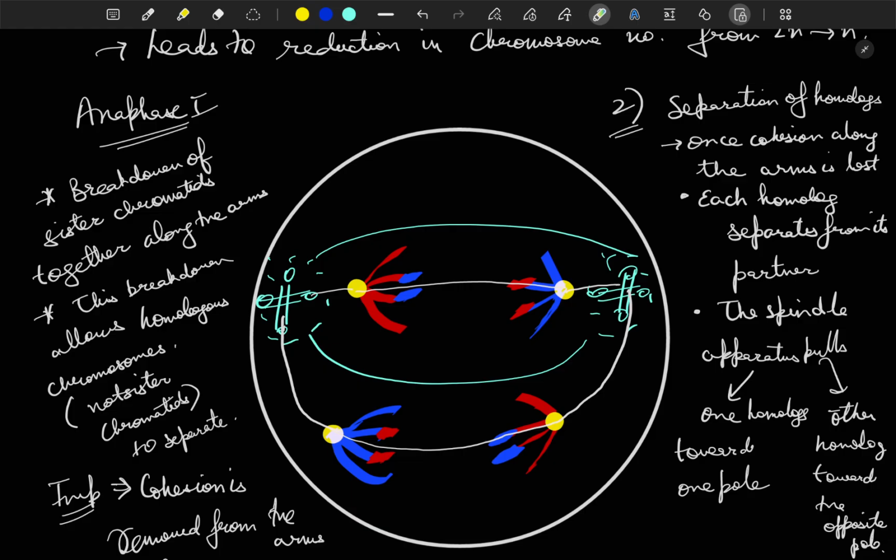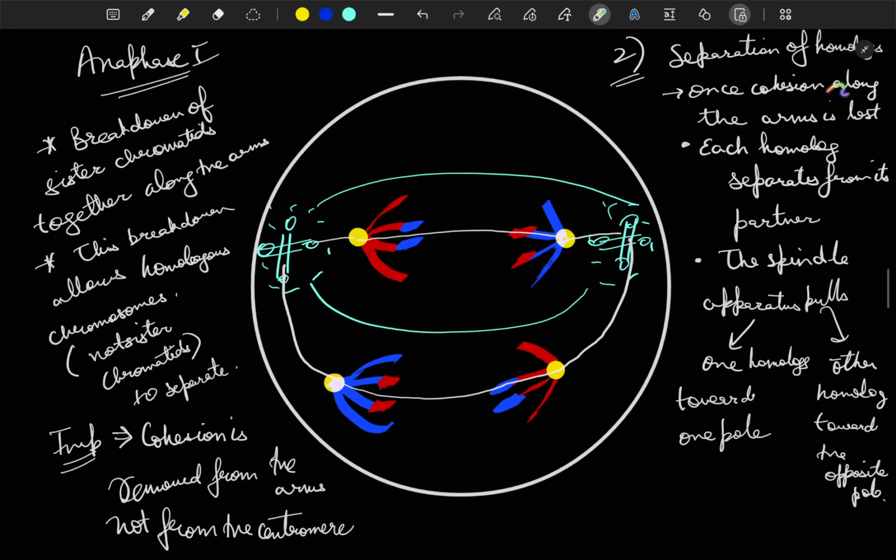Okay. Next thing. What happens after separation of the homologous chromosomes? Once the cohesion is broken, each homolog separates from its partner. Now the spindle apparatus pulls one homolog toward one pole and the other homolog toward the other pole.